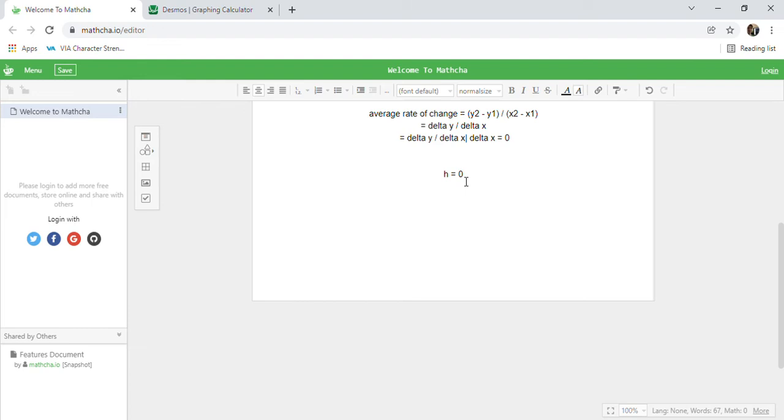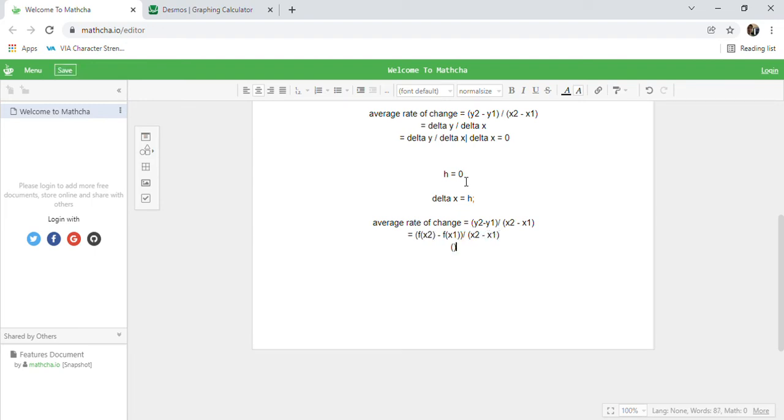So that being said, we say delta x equals h, and we just use our equation. Average rate of change equals y2 minus y1 divided by x2 minus x1, which equals f of x2 minus f of x1, all divided by x2 minus x1.